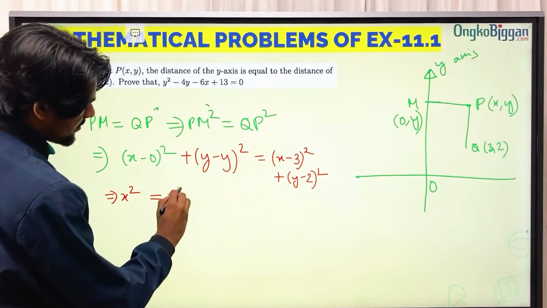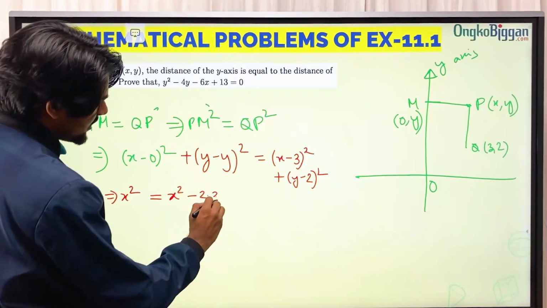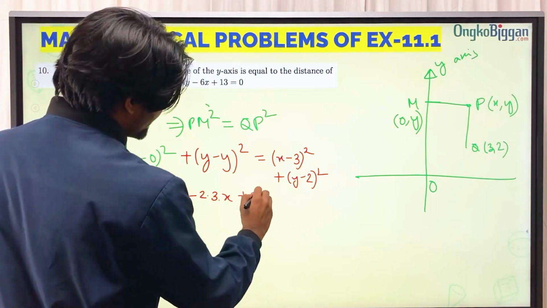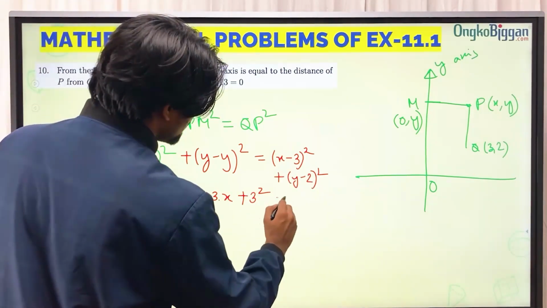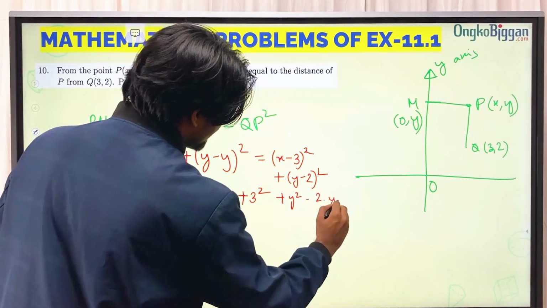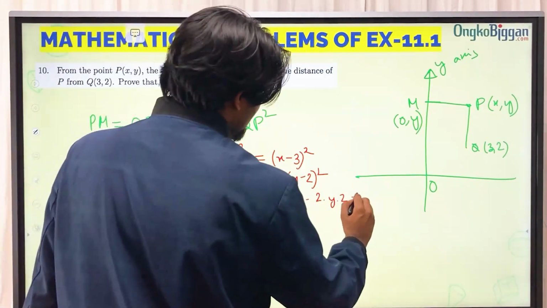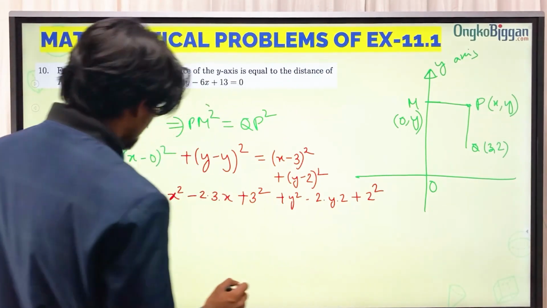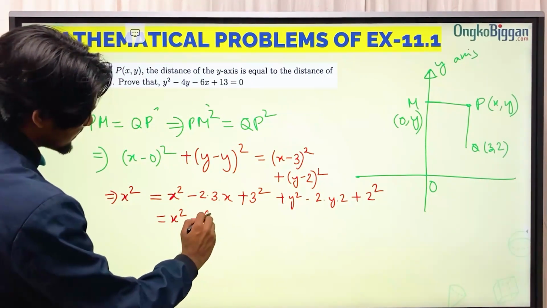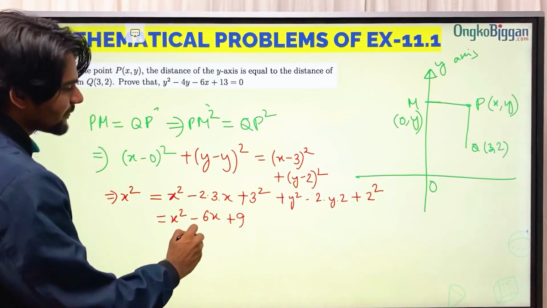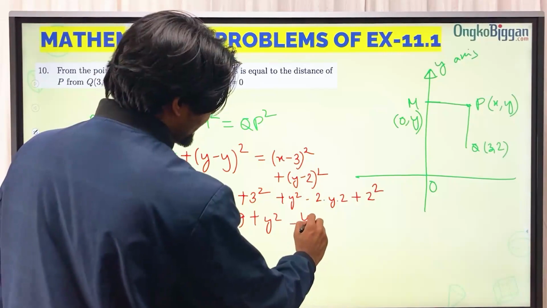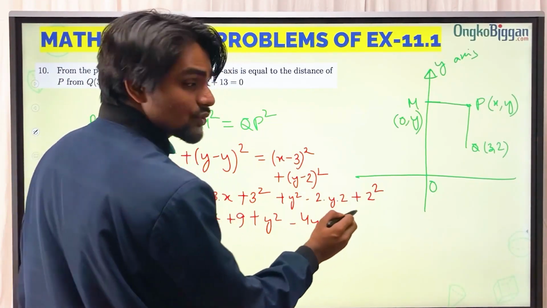So x square minus 2 times 3 times x, that is 6x, plus 3 square, and (y minus 2) whole square is y square minus 2 times y times 2, that is 4y, plus 2 square. So it will be x square minus 6x plus 9, then y square minus 4y, then plus 2 square is 4.